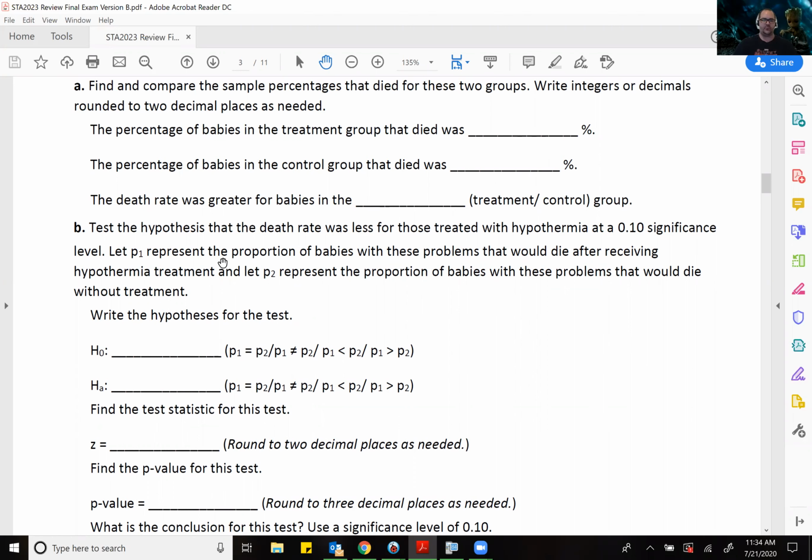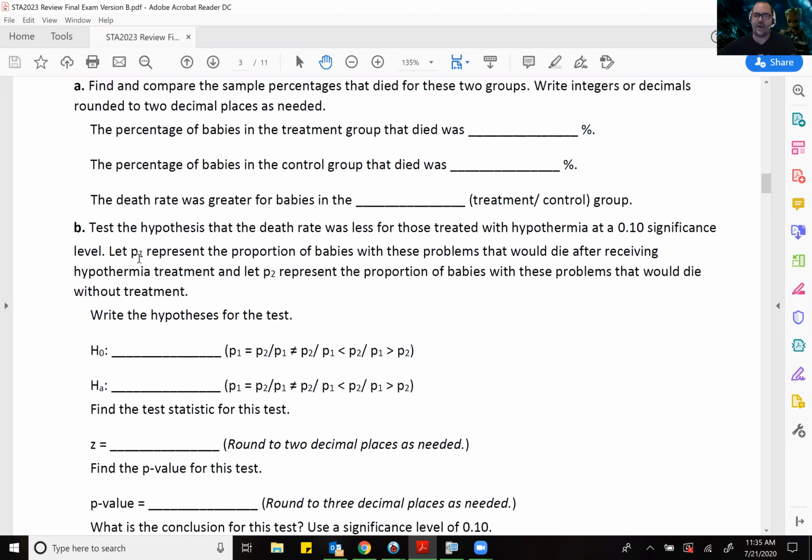Let P1 represent the proportion of babies with these problems that would die after receiving the treatment, and let P2 be the proportion of babies with these problems that would die without treatment. So this is the control, P2, and this is the experiment, P1.